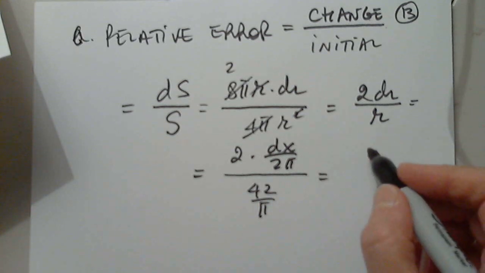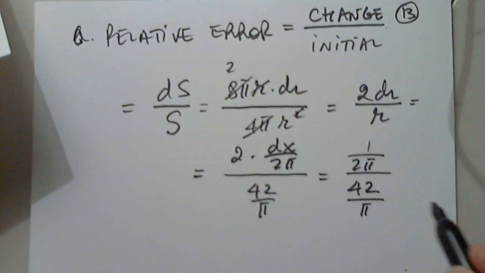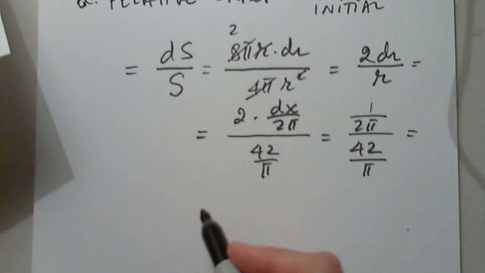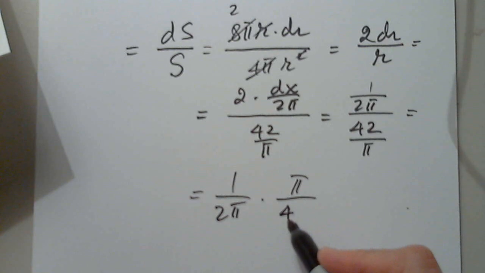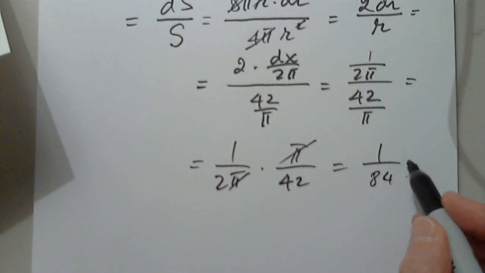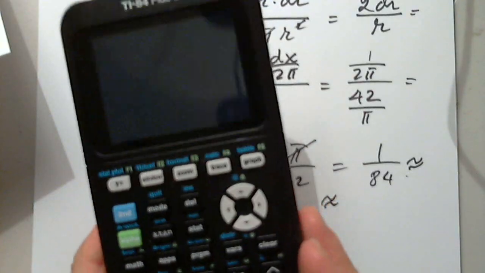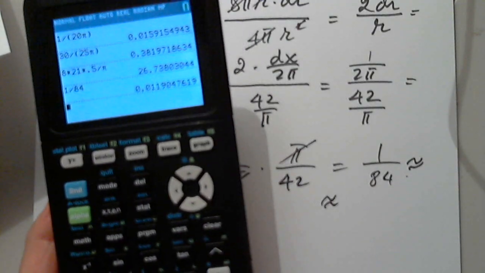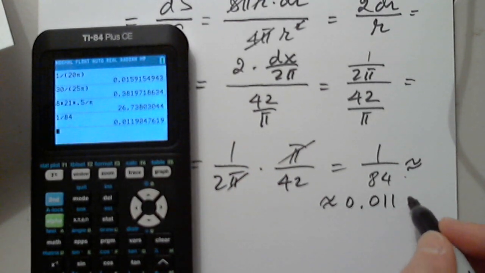So 2 times 0.5 is 1 over 2 pi over 42 over pi. I'll flip. So 1 over 2 pi times pi over 42. So it's 1 over 84. I don't know if they want us to approximate. I will. 1 divided by 84, 0.0119.